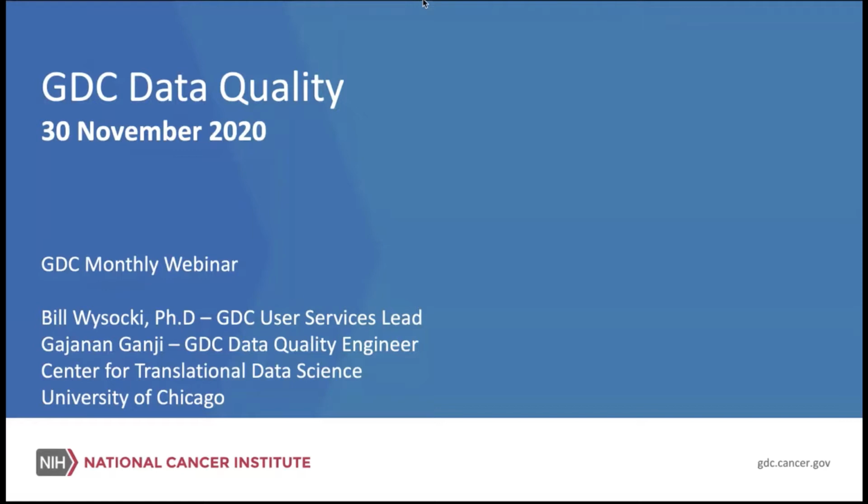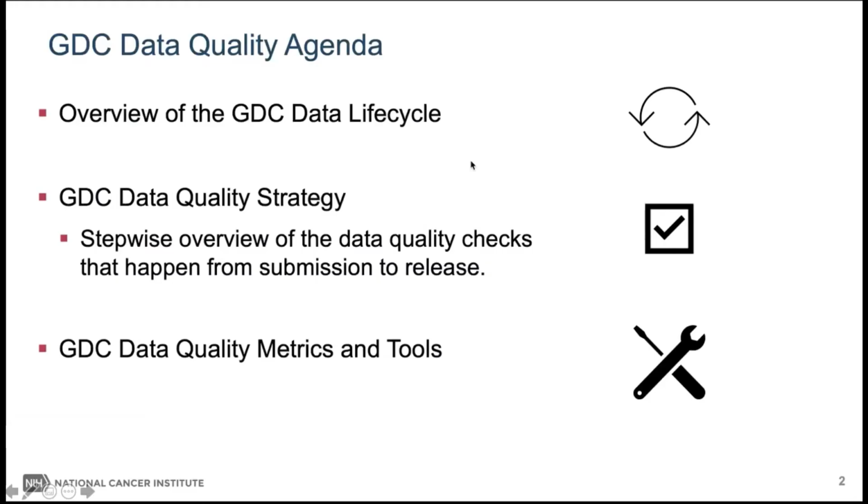Today we'd like to talk to you about the data quality that is implemented within the Genomic Data Commons. Just to go over an outline for the agenda for today's webinar, we're first going to have an overview of the GDC data lifecycle. This is the steps from which data comes into the GDC, and data is made available to end users of the GDC.